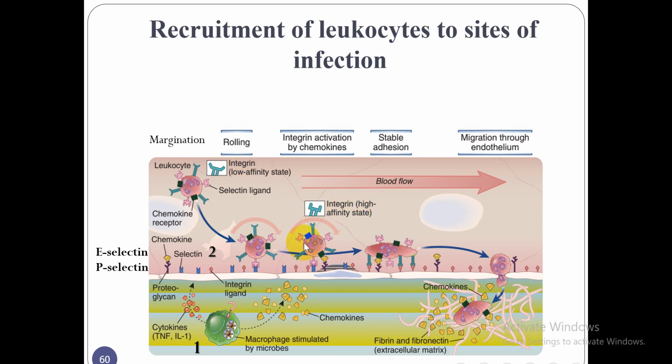So this neutrophil or this monocyte could attach stably on the endothelial cells. So by a high affinity integrin attachment, we have a stable adhesion of the leukocytes to the endothelial cells.